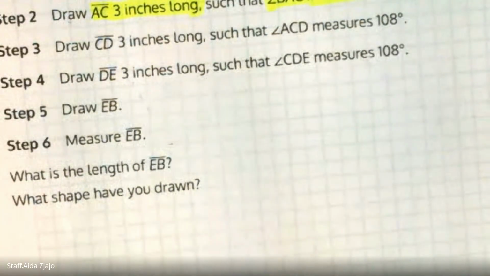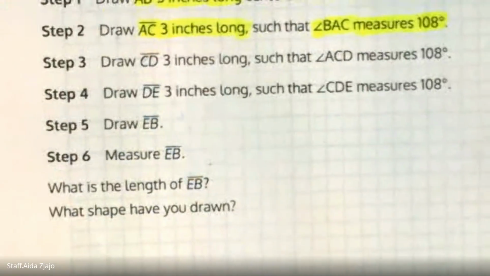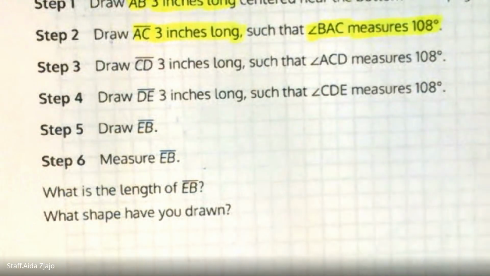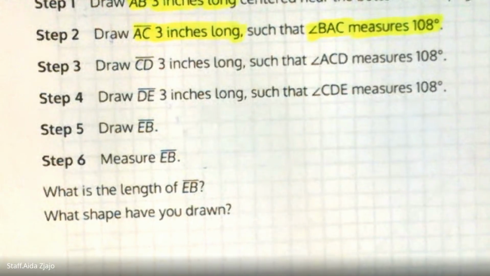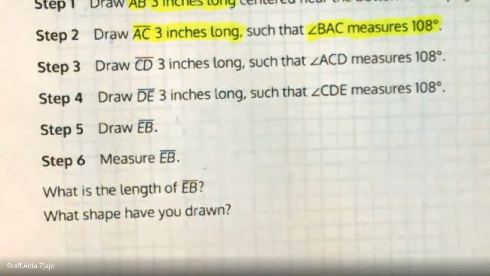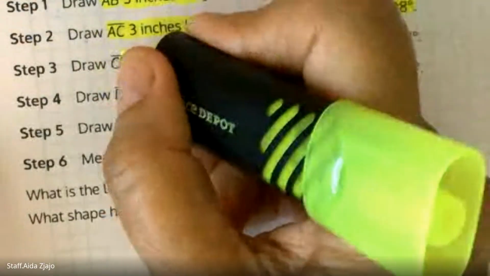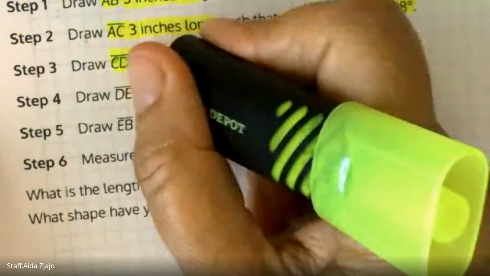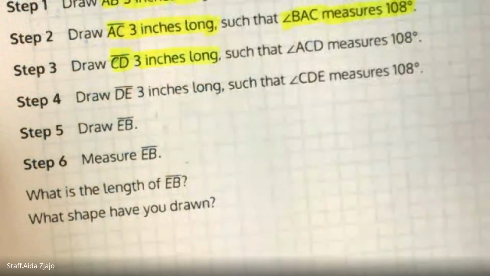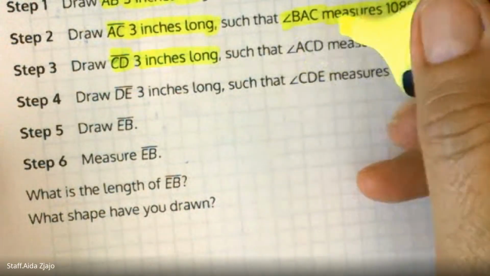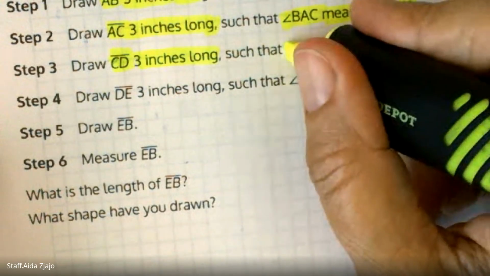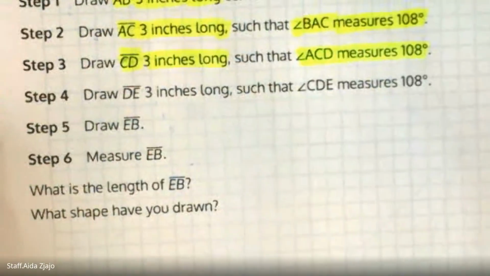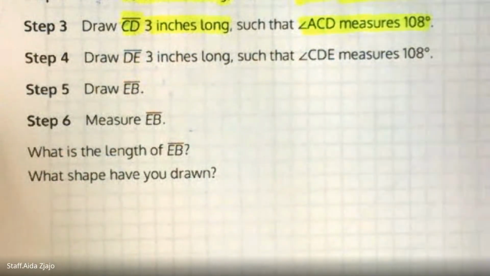Step 3, draw CD 3 inches long line segment such that angle ACD measures 108 degrees. So that's our step 3.